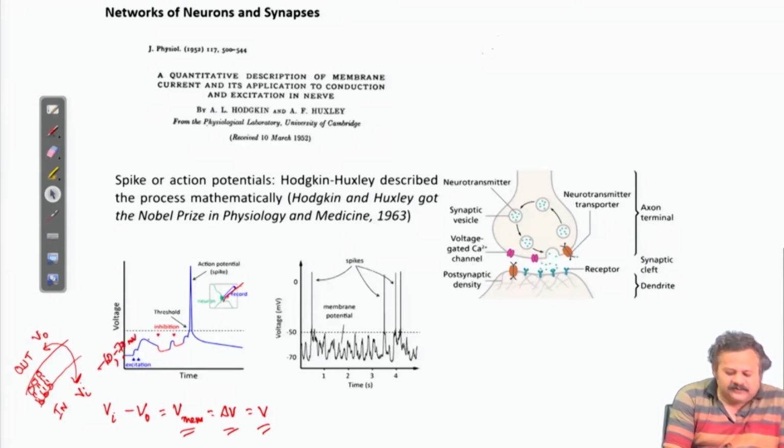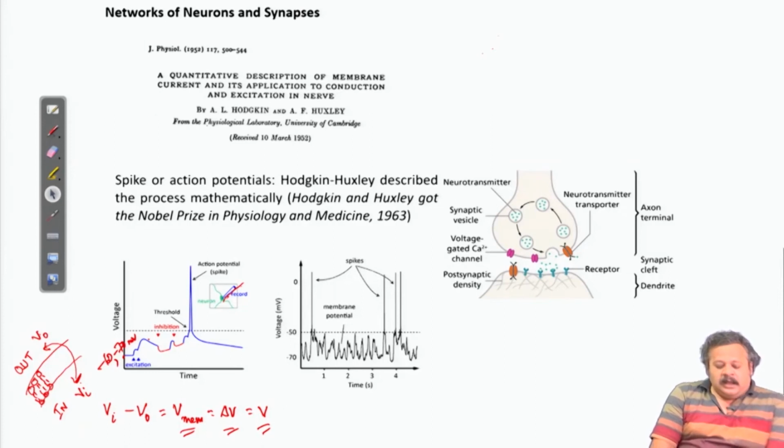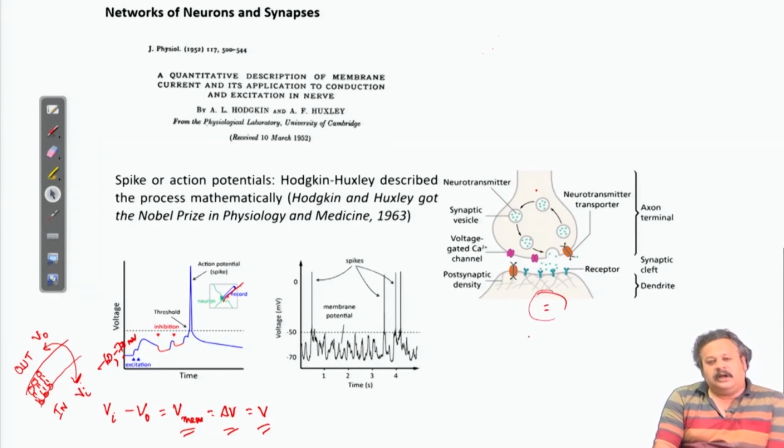It varies from neuron to neuron and during different states also. And gradually, because of this input from the previous side and its influence on the post side, because of the neurotransmitter, there may be changes in the membrane potential.